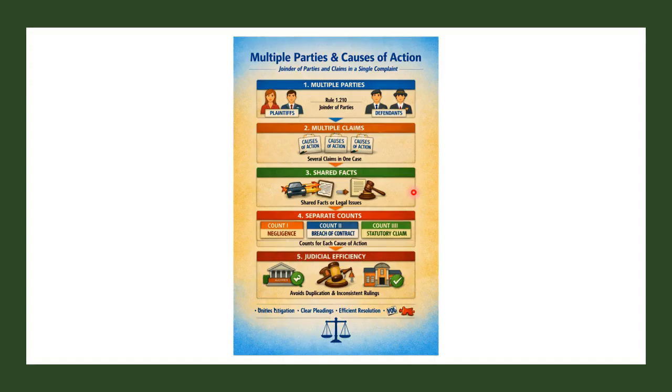So let's say Janice Jones is the plaintiff, and Janice Jones was injured in a car accident, and her husband is Alan Jones, and he wasn't injured in the accident, but as a result of the accident and the pain and suffering that Janice is going through, Alan Jones, the husband, is doing more work.